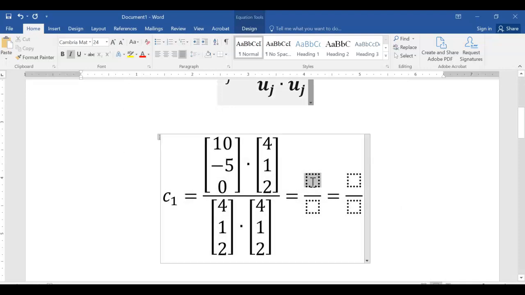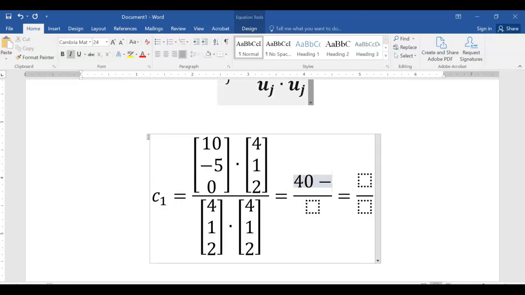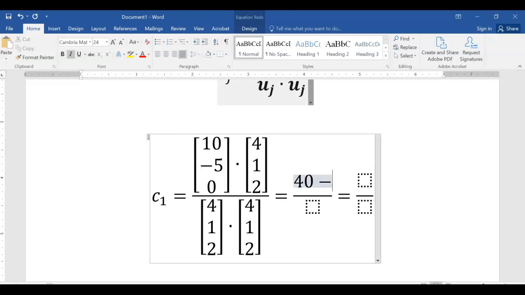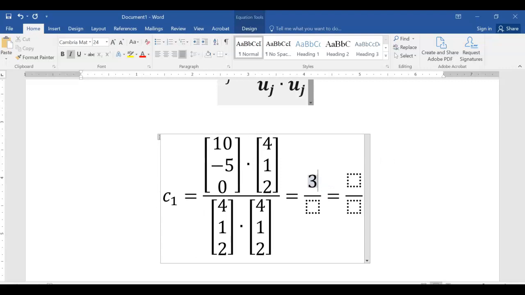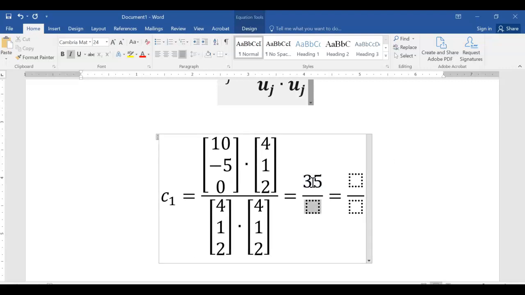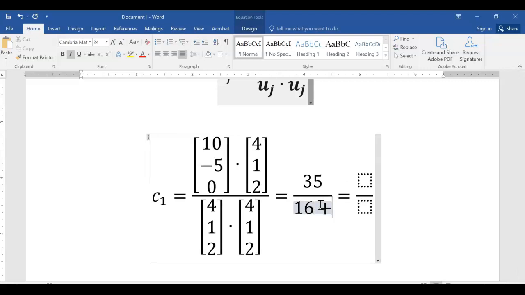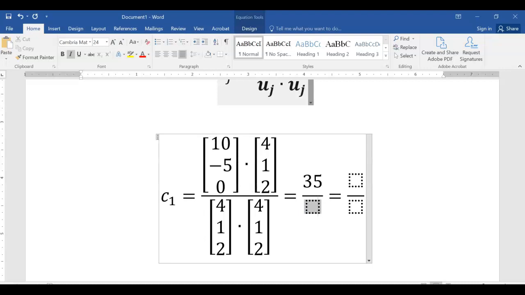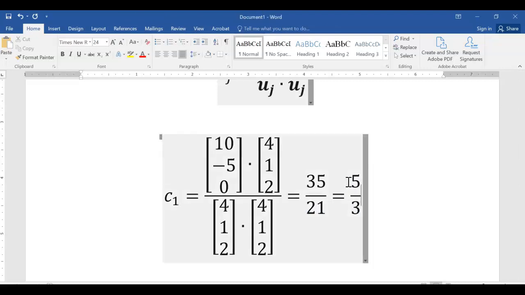We're going to end up with 40 minus 5 plus 0, which is 35, over, notice that the inner product in the denominator doesn't change from the last problem, 16 plus 1 plus 4, which is 21. All right, so this simplifies to 5/3.